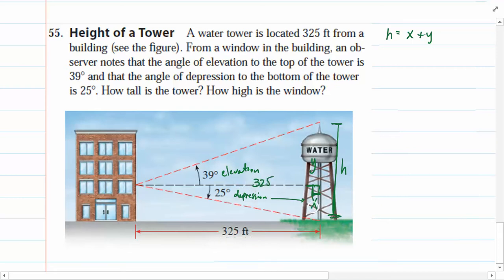So that gives me an opposite side and an adjacent side. Let's use tangent to solve this one. Tangent of 25 degrees must be equal to the opposite x divided by the adjacent 325. So therefore x is equal to 325 times tangent of 25.